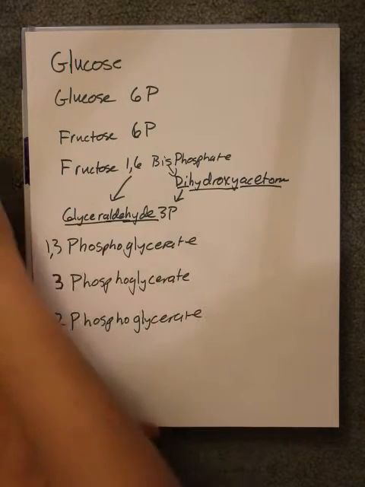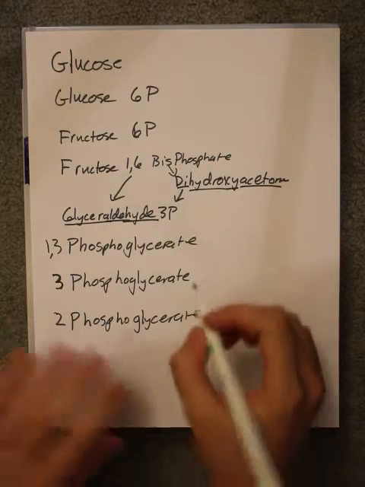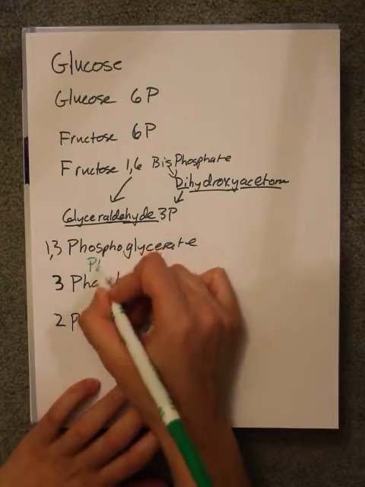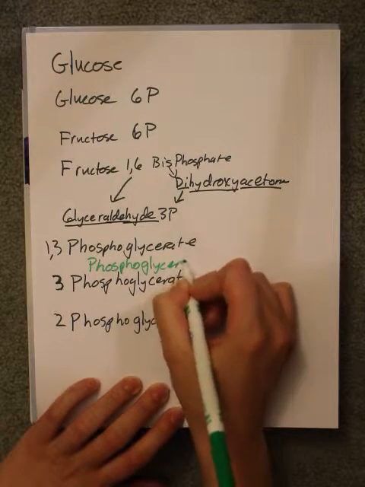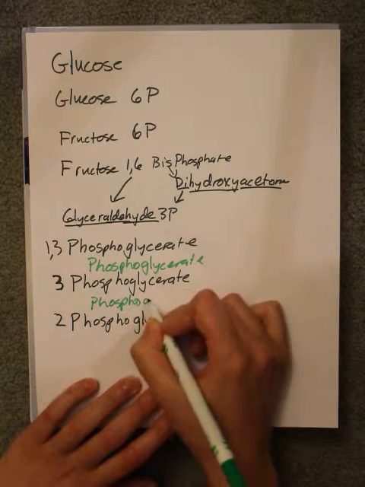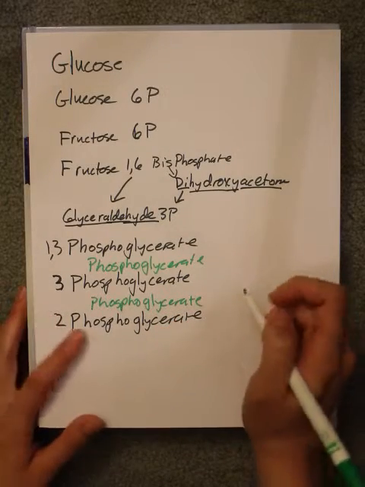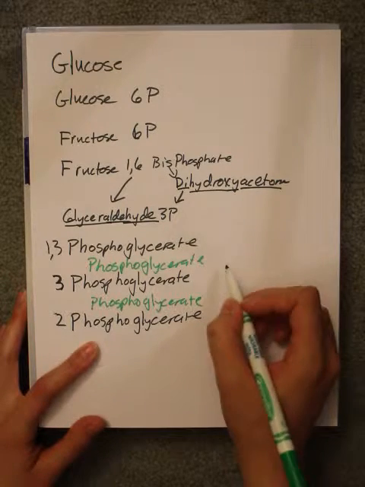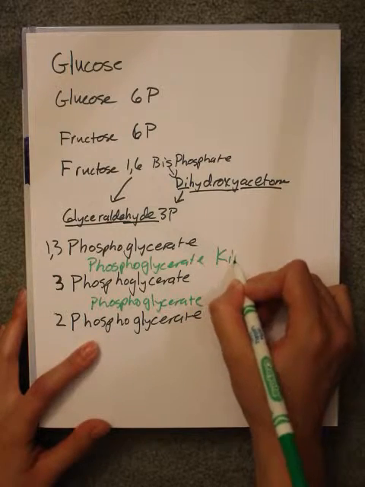So those are the 3 compounds, and then for the other 2 of the 5 phosphoglycerates, you add another phosphoglycerate here and here for the enzymes. And then you have kinase and mutase, and the way I remember which one goes where is K comes in the alphabet before M does, so kinase comes first.